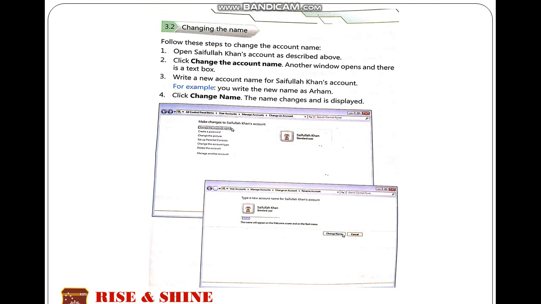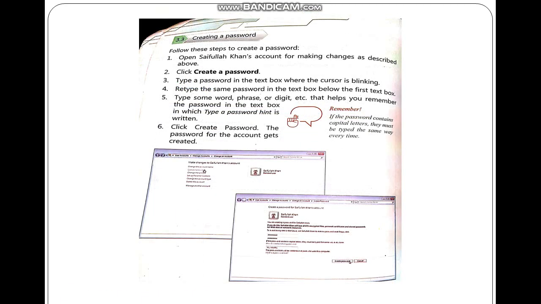When you click this option, another window opens. It would ask you to change the name. You will click the option change the name as it is shown in this second window with the pointed arrow. Now you can change the name of the user. For example, you can change the name Saifullah Khan to any other name. It can be Ali or Arham.